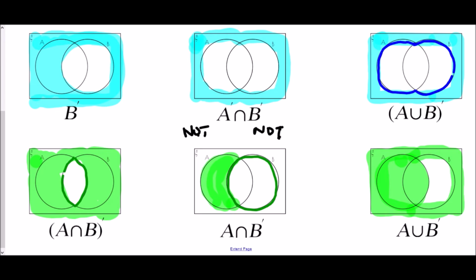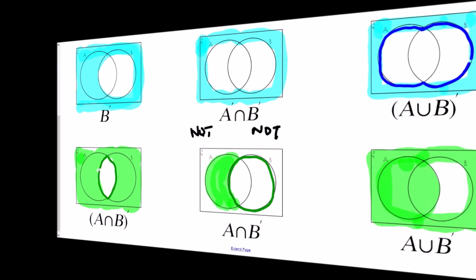And so we are just going to ignore the pieces within the B circle outside of the overlap.